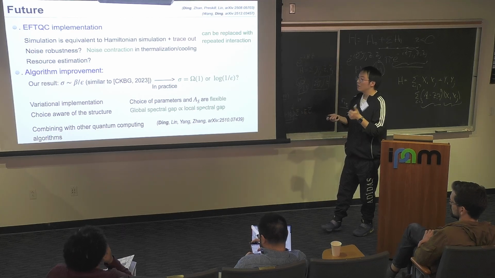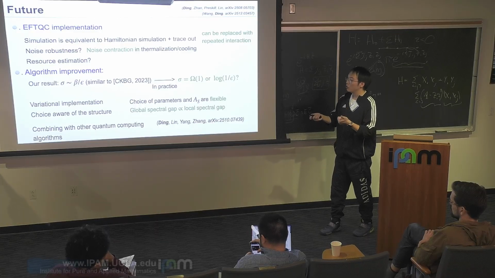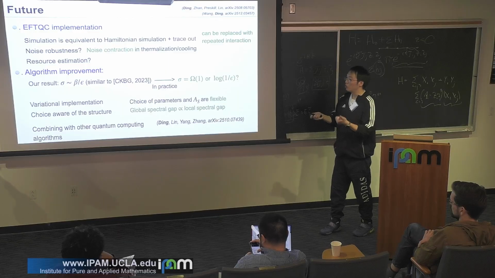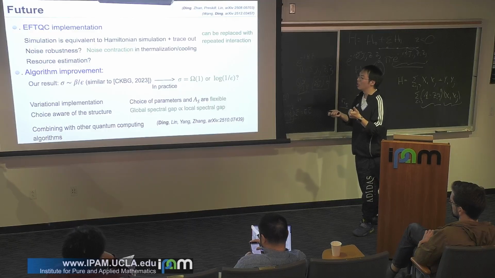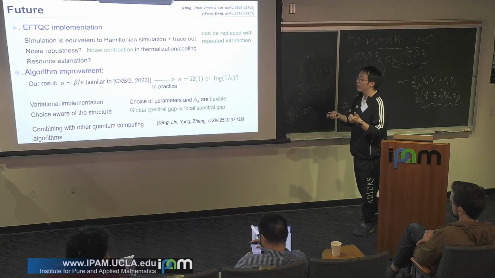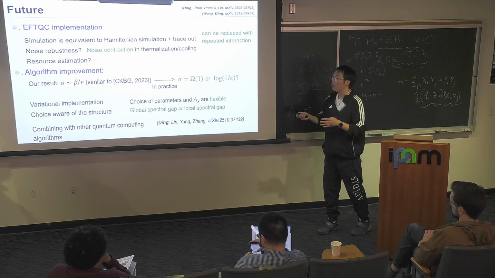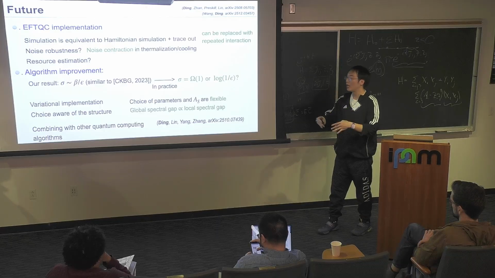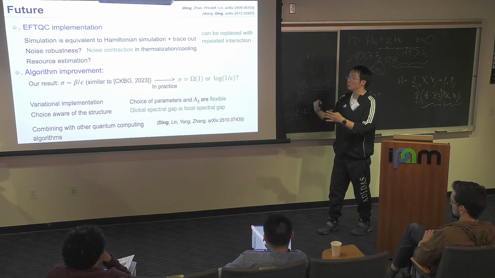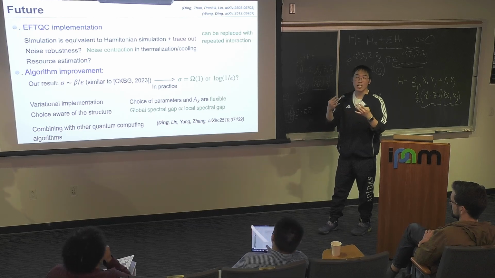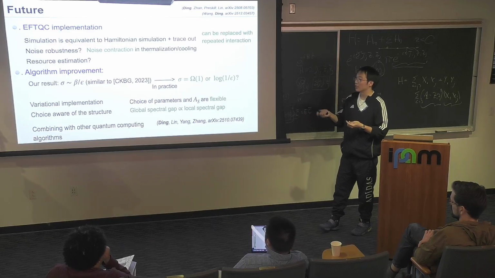Another beauty of this algorithm is that it is very flexible. There are a lot of things we can tune. We can tune the choice of the parameters, and the choice of coupling operators A. This essentially means that this algorithm can be combined with a lot of different state preparation algorithms, so we can borrow their ideas to design the choice of these parameters.